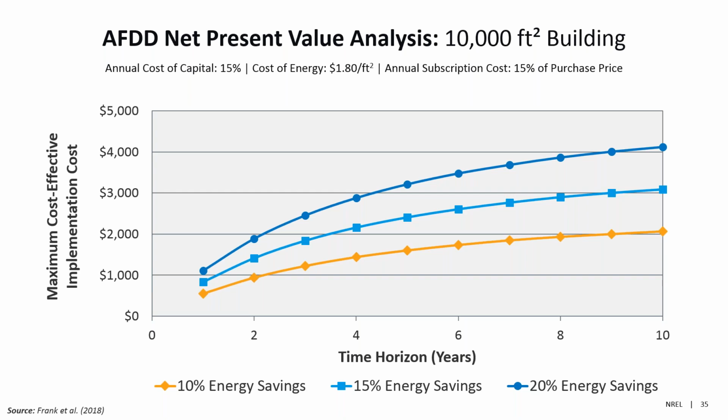But when you look at small buildings, you can't afford to spend a lot of time on all that engineering labor, because even if you had 20% energy savings that could be guaranteed by using a tool, if you do the math on the return on investment, it's only worth it if you're spending between $2,000 and $4,000 on your fault detection diagnosis tool, which is actually well below what the typical cost for deploying a fault detection diagnosis tool is for a larger building.